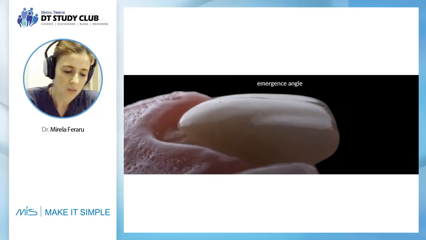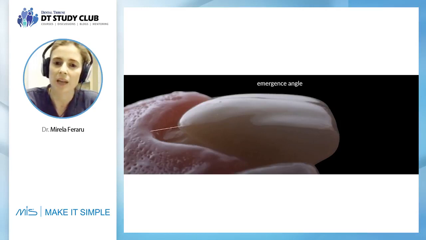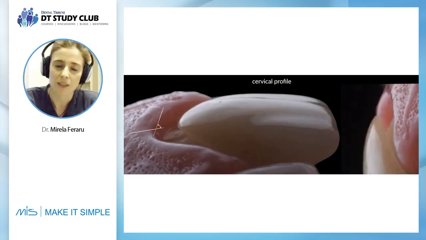So when we talk about this relationship, we have an emergence angle, which usually is defined by the continuation of the root and the cervical part of our restoration, and it can have a specific number. When we talk about cervical profile, though, we talk about this part of our ceramic restoration that can have different aspects.